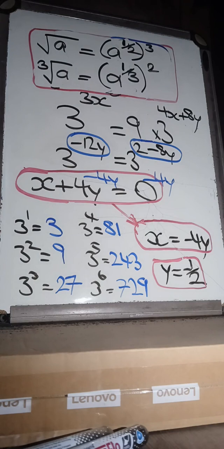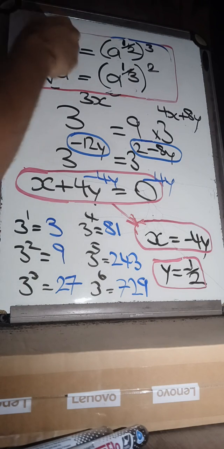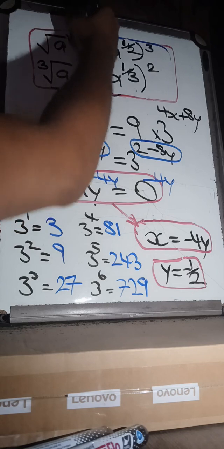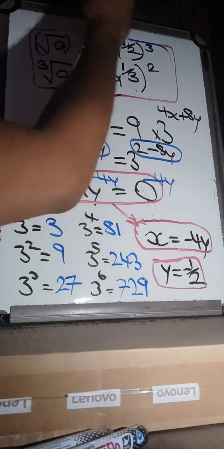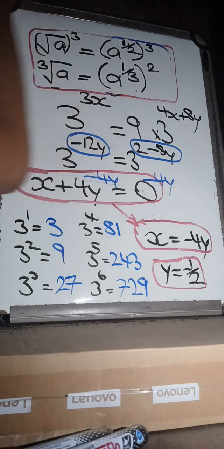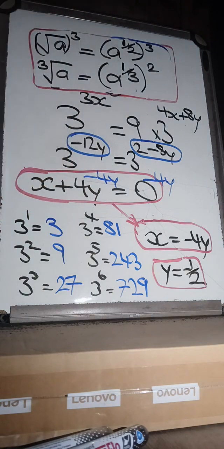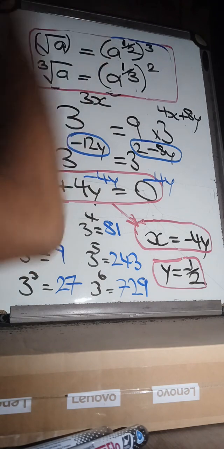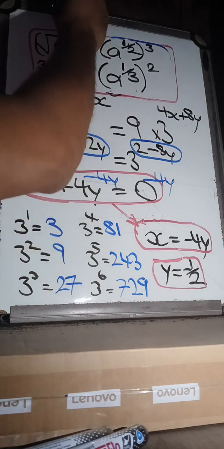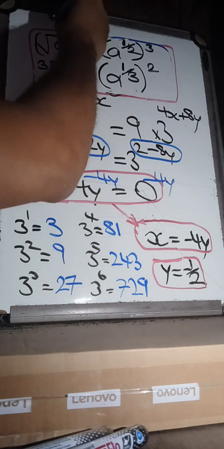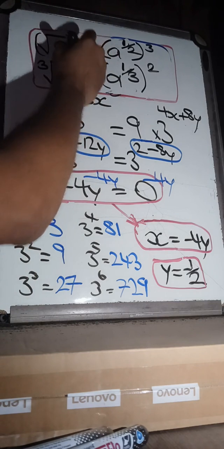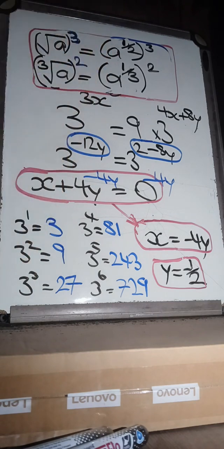Now mind you, I have to be careful, because that means square root the number first, and then the result of it, you cube it. So square root first, cube it after; cube root it first, square it after.